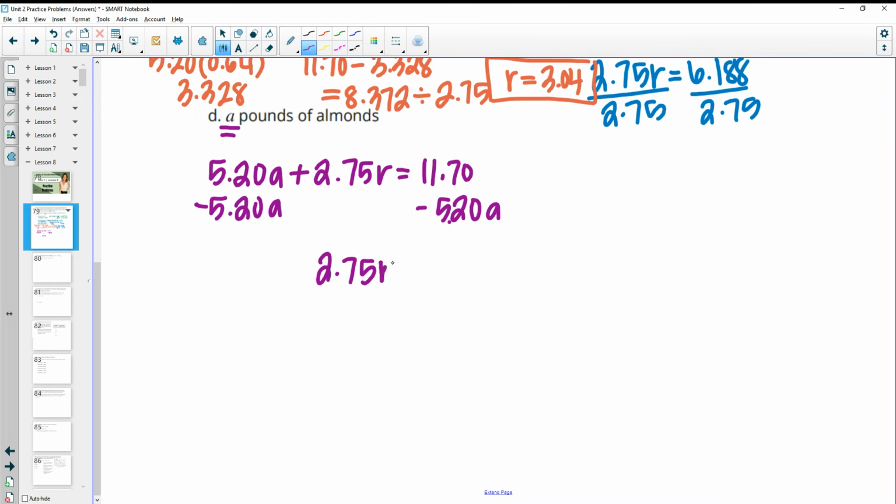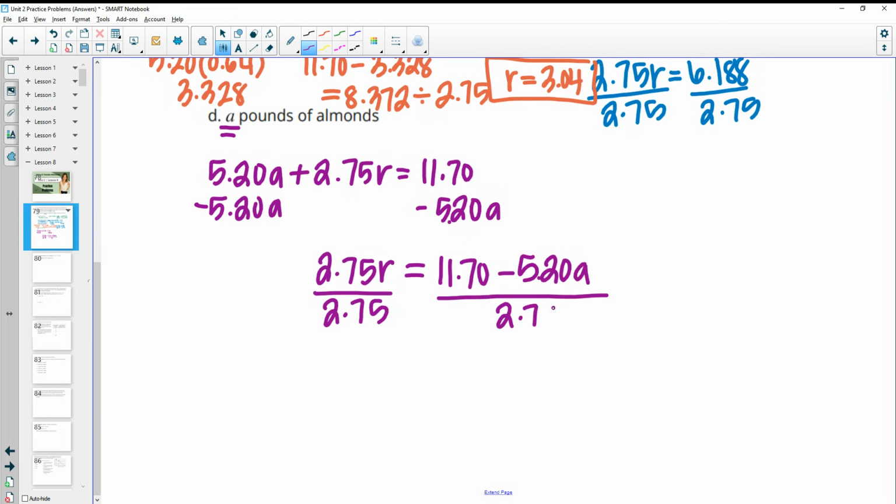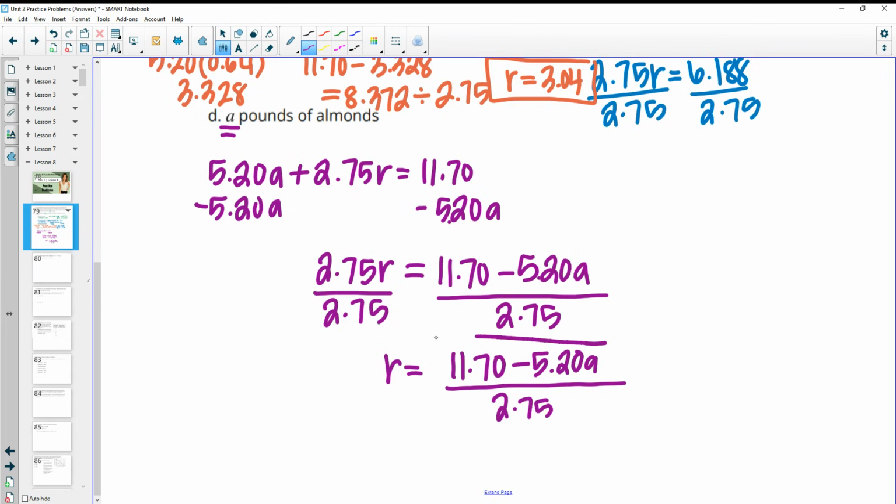Then we know that 2.75 times our raisin amount should equal 1170 minus what we spent on the almonds, which is represented by 520A. Then we take whatever money we have left and divide it by 2.75, and that's going to be the amount of raisins. So the total minus the almonds divided by the cost per pound of the raisins.